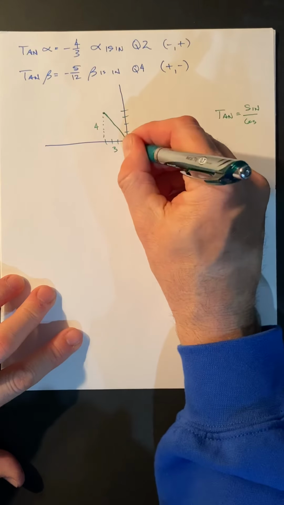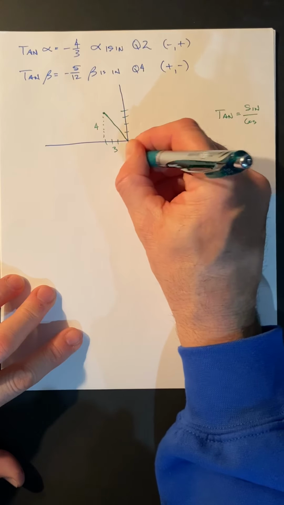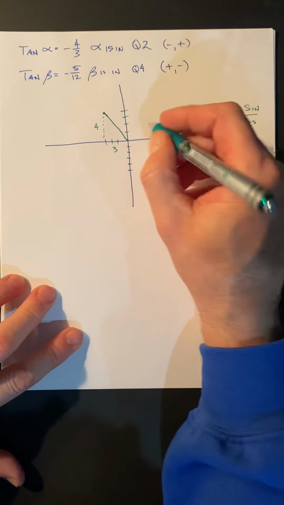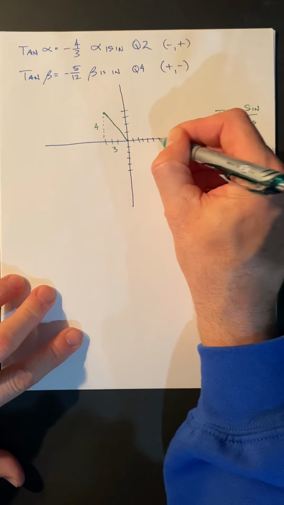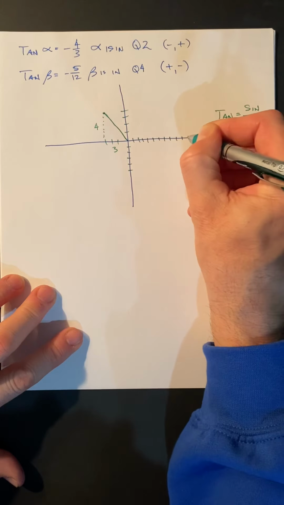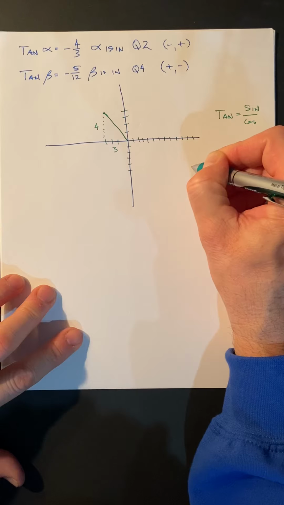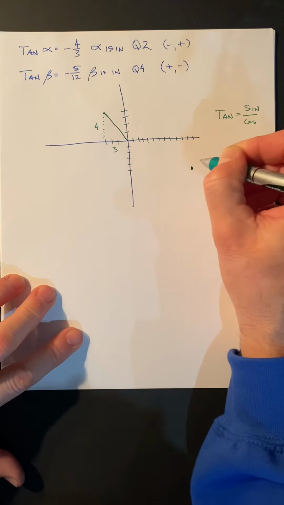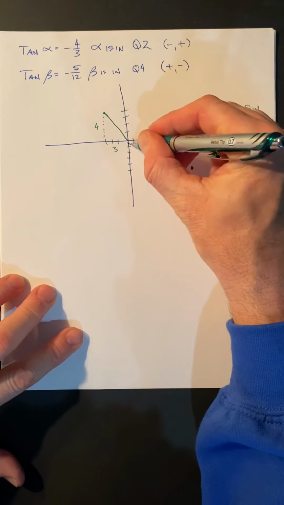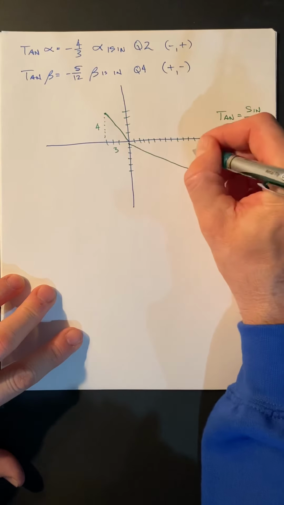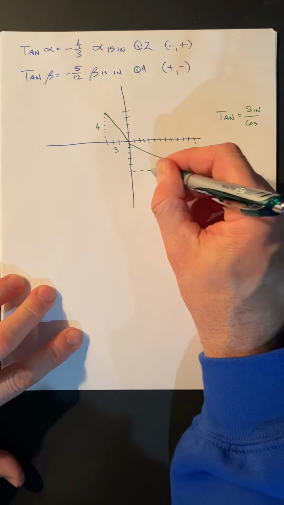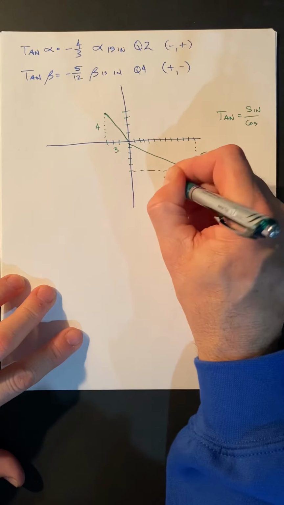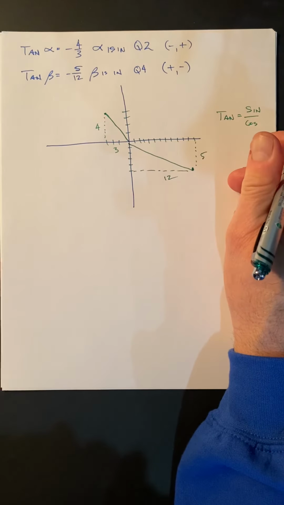So the sine, 2, 3, 4, 5, and my cosine, 1, 2, 3, 4, 5, 6, 7, 8, 9, 10, 11, 12. So this guy is going to look like this, okay? So I'm going to go down 5. I'm going to go over 12, all right?